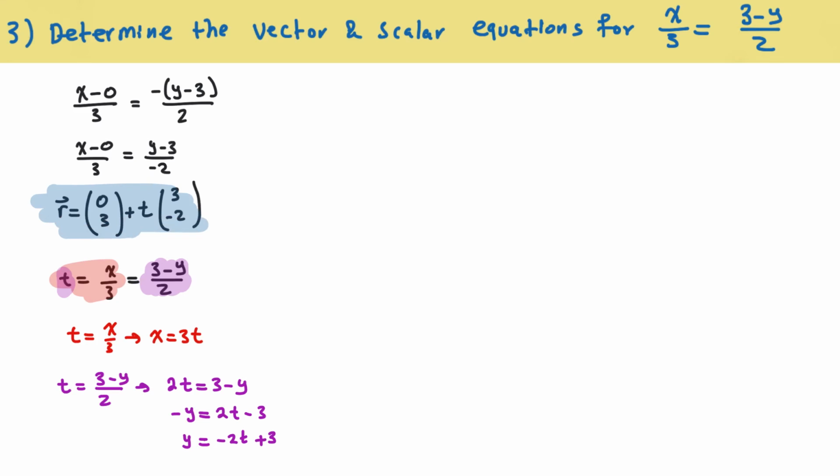For the second part of the question, we need to write the equation in the form of a scalar equation. We already have the direction vector here. The direction vector is 3, negative 2. So to get the normal vector to that, as we've done in previous questions, we're going to take the negative reciprocal.